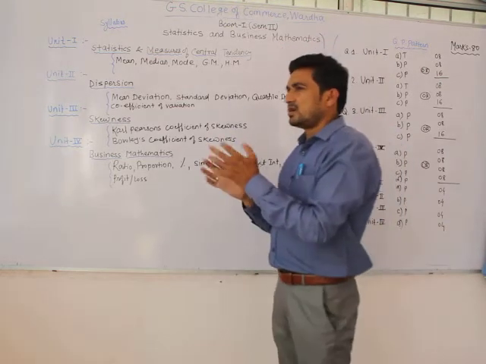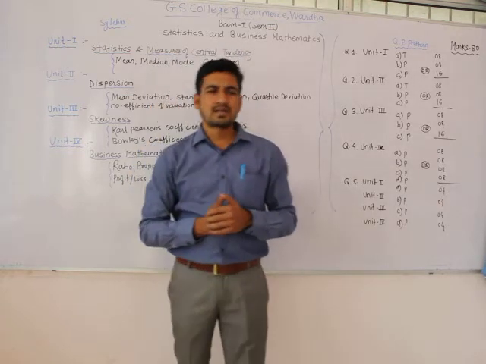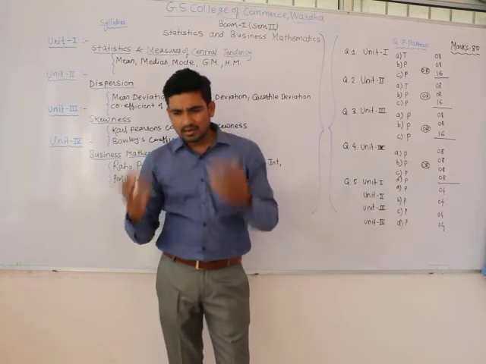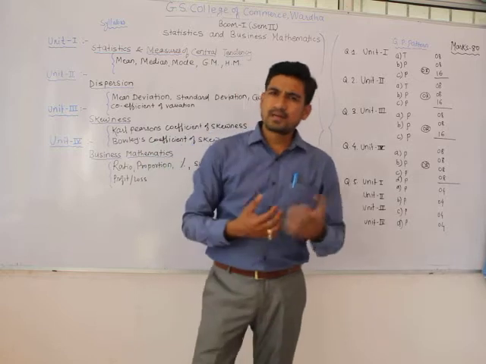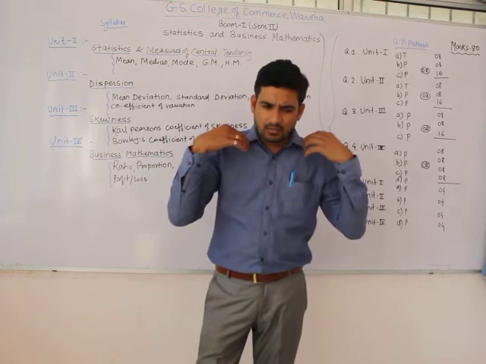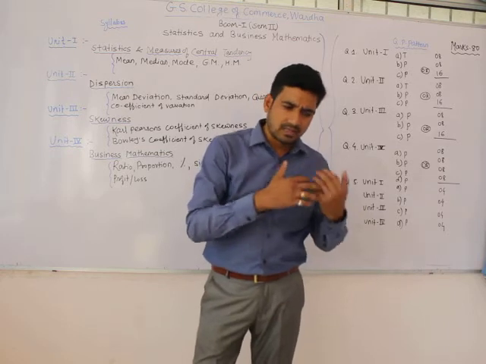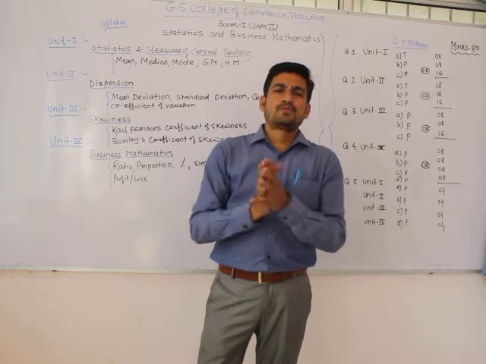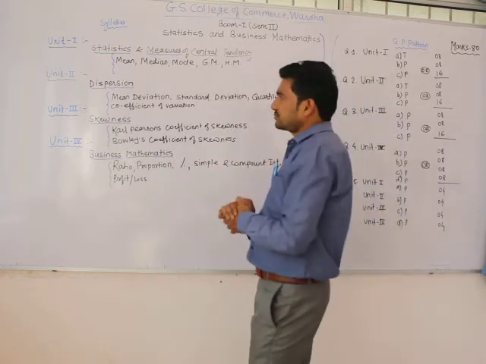So in summary, statistics is a branch in which we analyze a particular situation and take a decision for our business or activity, whether the thing is good or not. That is the use of this subject.